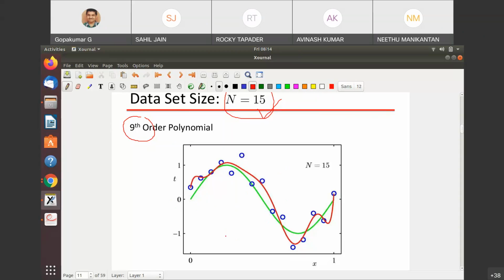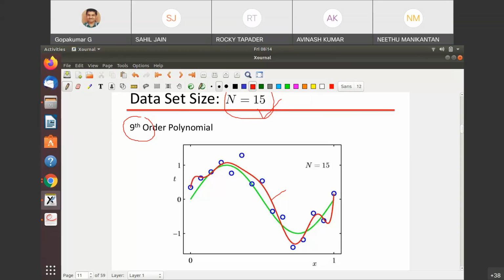The red curve is more or less very close to the original curve, even though not the best. If we increase to n is equal to 30 or n is equal to 50, then there is a chance that with m is equal to 9 itself, we can obtain a very good prediction.